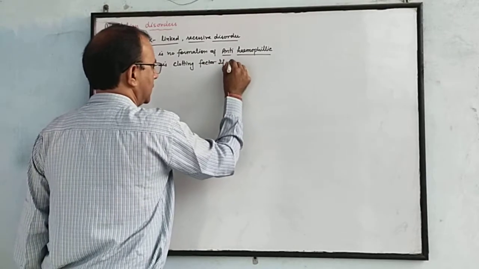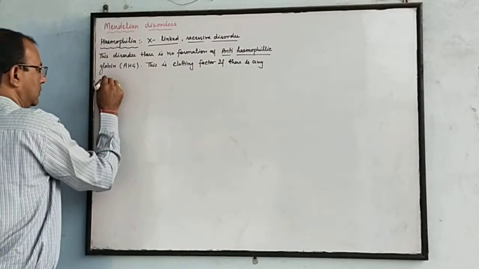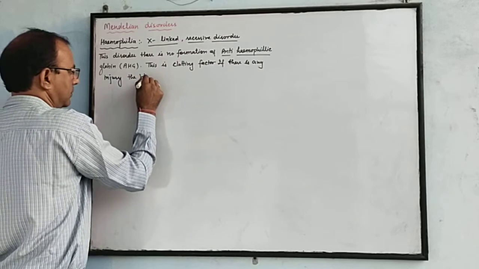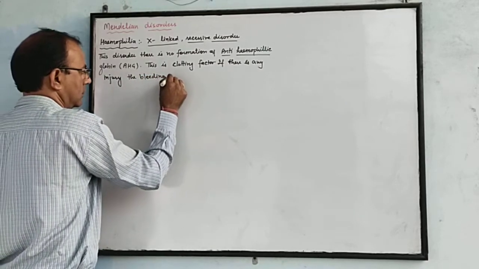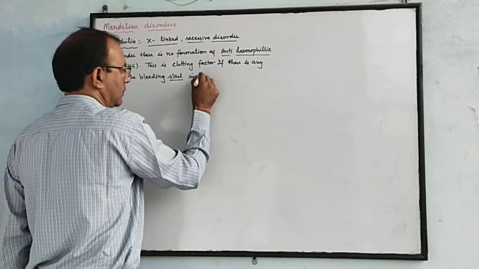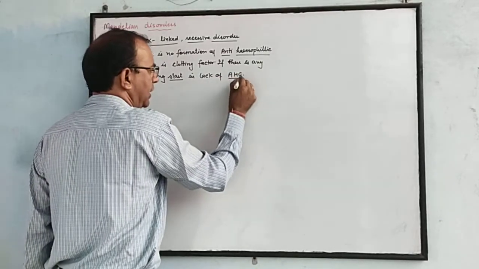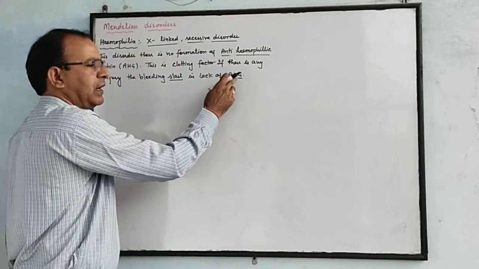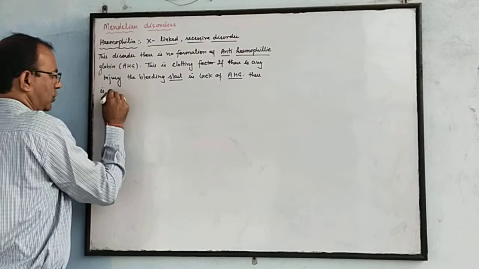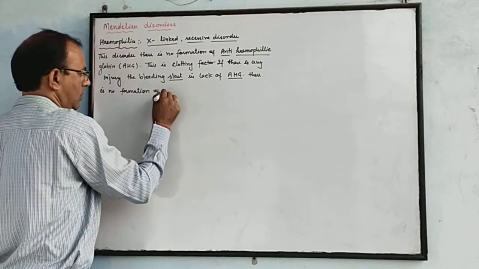If there is any injury, the bleeding starts. In the lack of AHG, which stands for anti-hemophilic globin, there is no formation of clot.